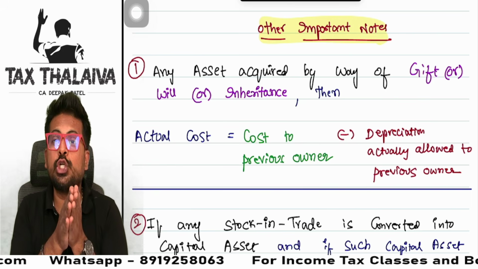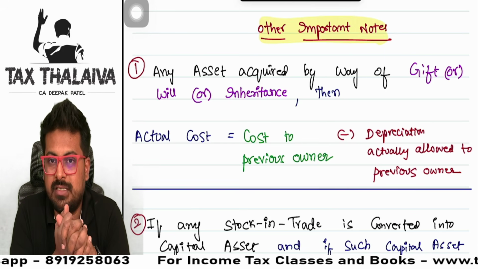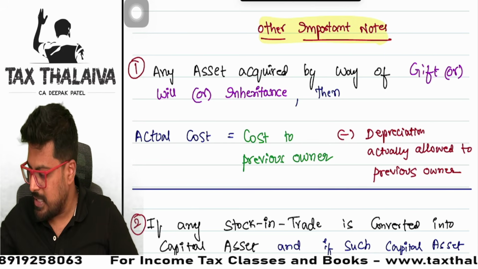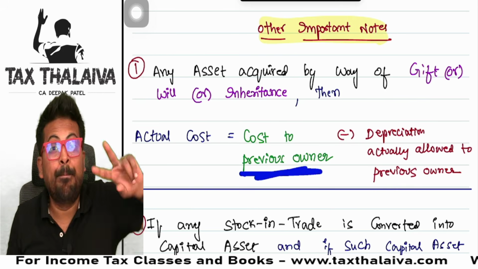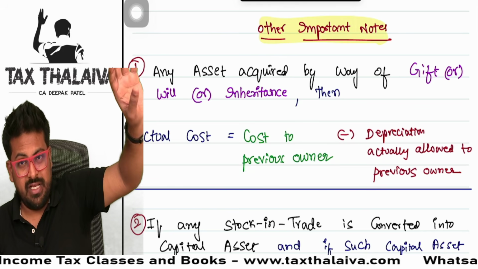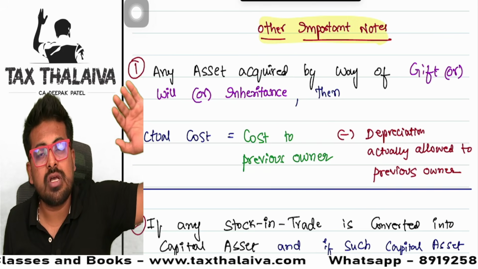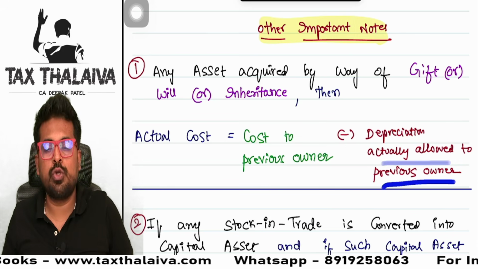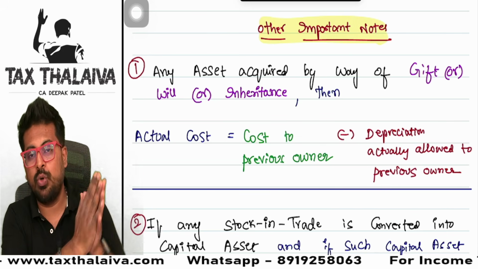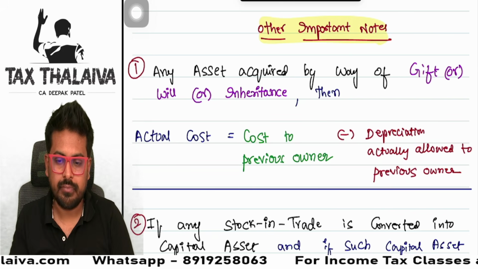Then what should be the cost of the asset in your books of accounts in business? In that case, mind you, you will take the actual cost to the previous owner. Let's say you got the asset from your father as a gift. So the cost of acquisition in the hands of the father, minus the depreciation which has to be allowed to the previous owner for the period for which your father was using the asset.